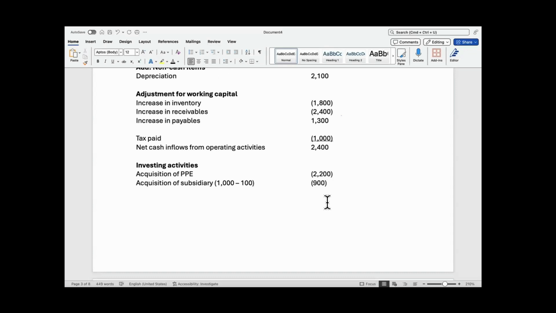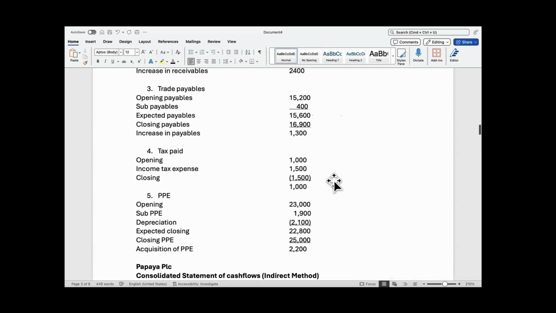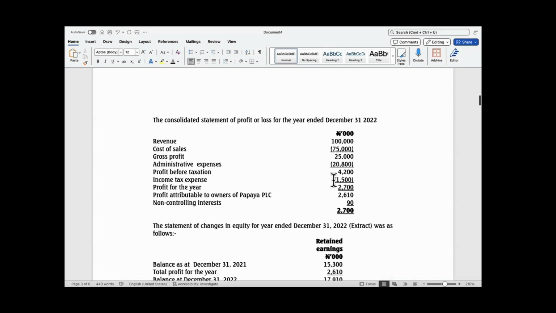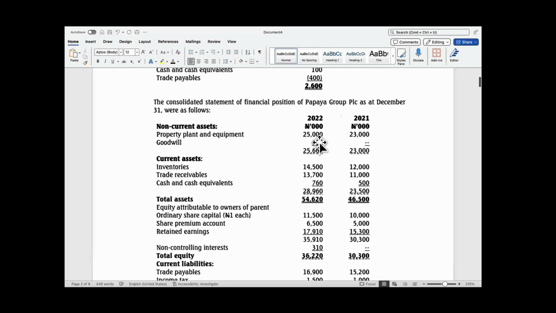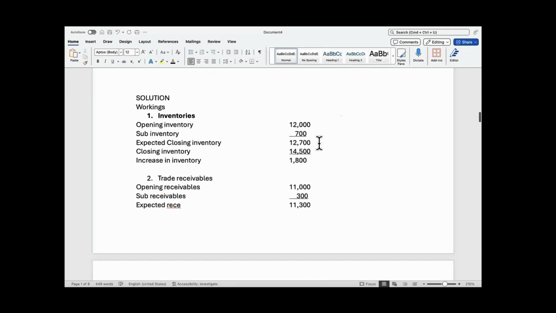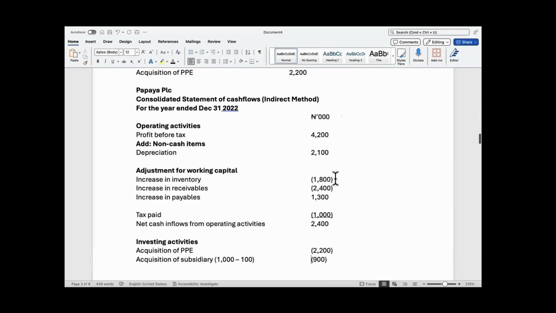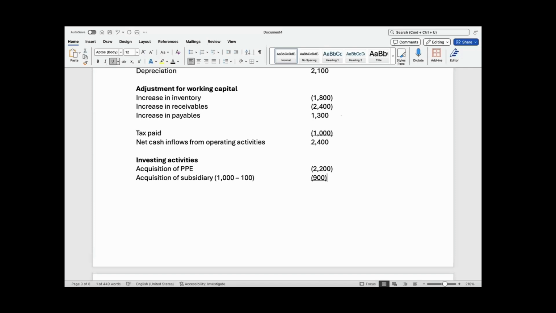It's always like that in the exam. That's all for investing, because those are the only two items: PPE and goodwill. When you net this together, you can see it's a net cash outflow of 3,100.